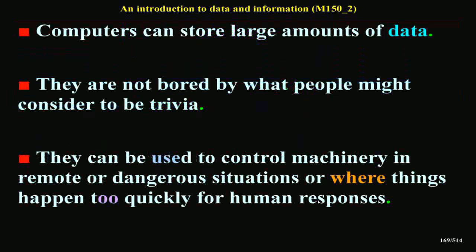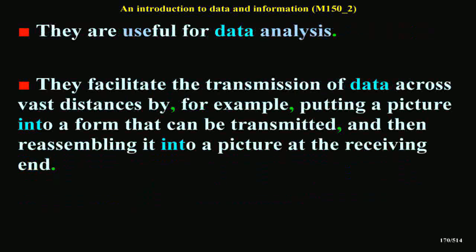They can be used to control machinery in remote or dangerous situations or where things happen too quickly for human responses. They are useful for data analysis. They facilitate the transmission of data across vast distances by, for example, putting a picture into a form that can be transmitted, and then reassembling it into a picture at the receiving end.